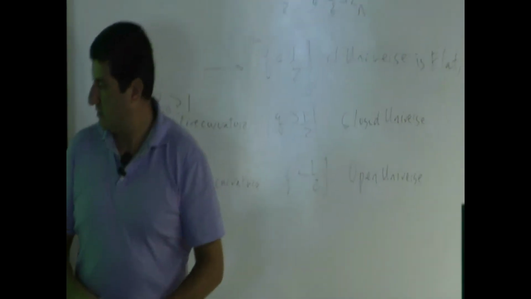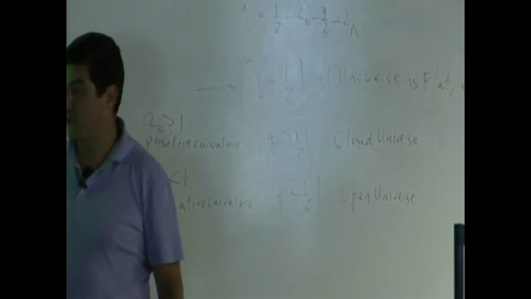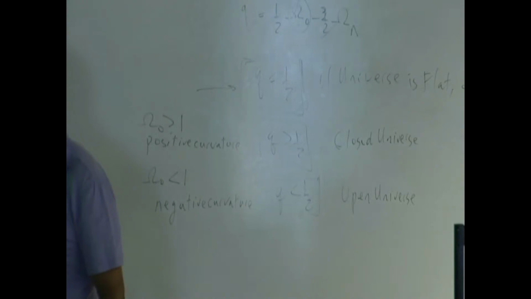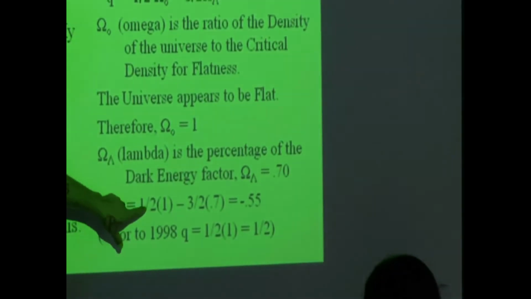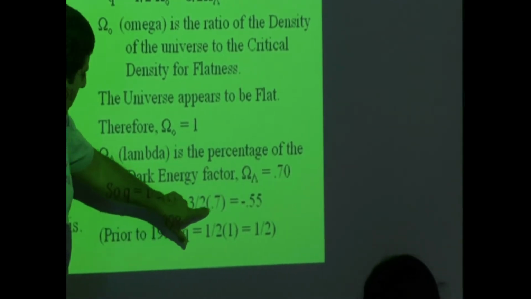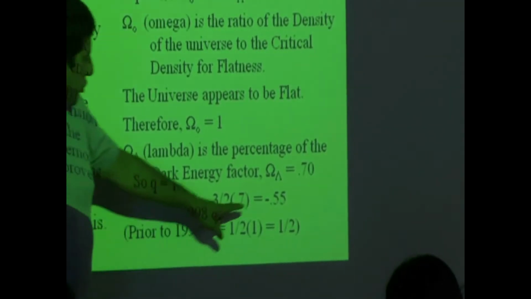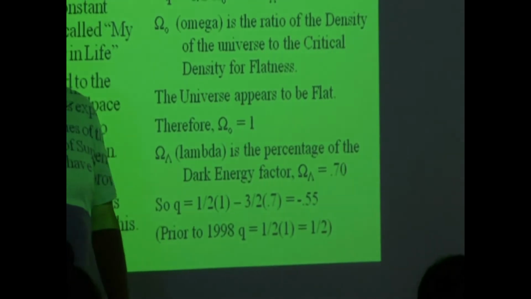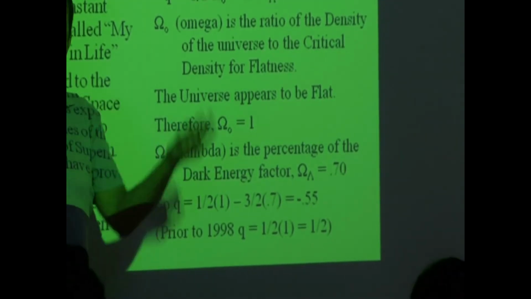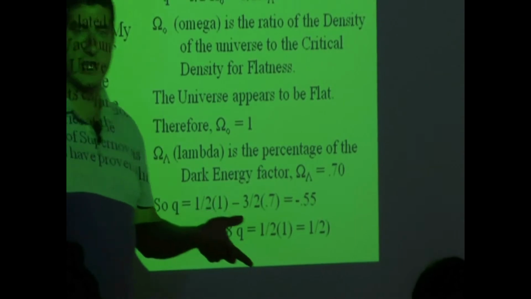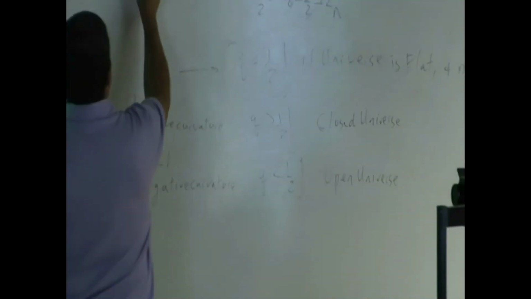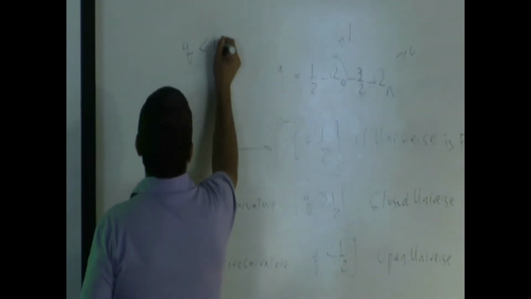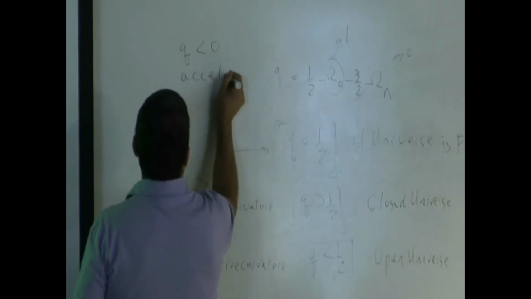Okay? But since we discovered dark energy, omega lambda is 0.7, so what happened? That changes the equation. You get half of 1 minus 3/2 of 0.7, so Q is negative 0.55. As long as Q is negative, it means the universe is accelerating. So if Q is less than 0, accelerating.